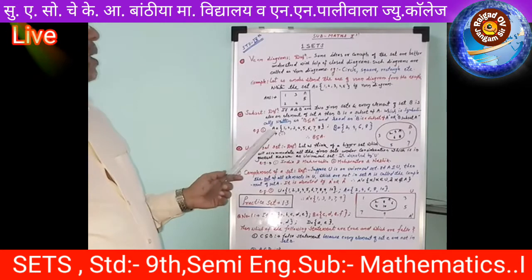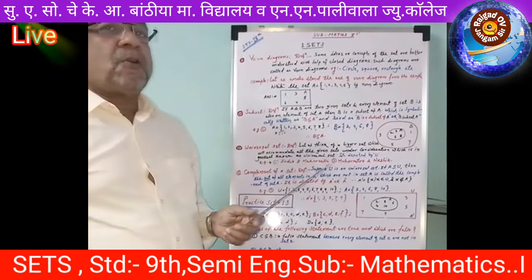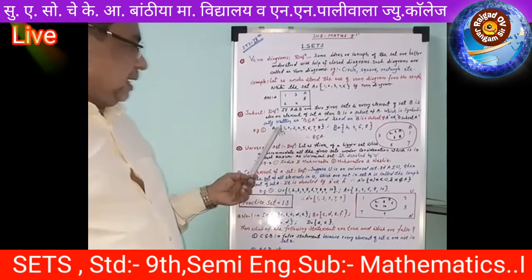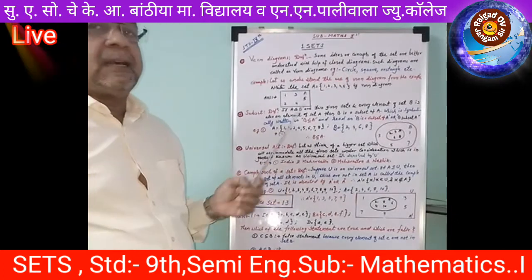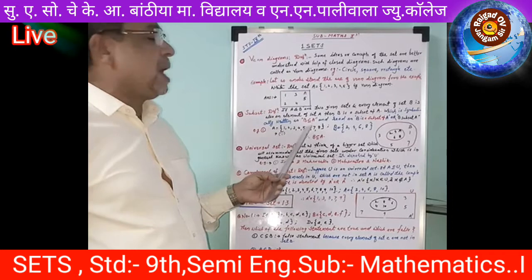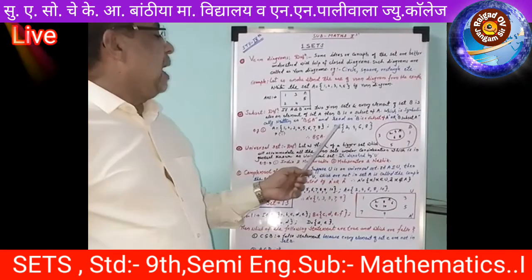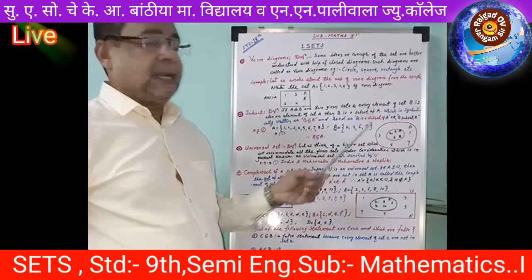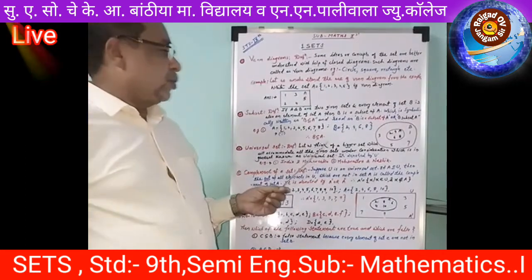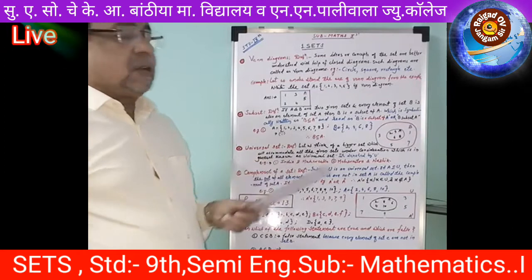So we consider an example for understanding the definition of subset. Suppose we have given two sets A and B. In set A: 1, 2, 3, 4, 5, 6, 7, 8. There are 8 elements in set A, and in B: 2, 4, 6, 8. These are the 4 elements of set B. So we write B is a subset of A. Why?